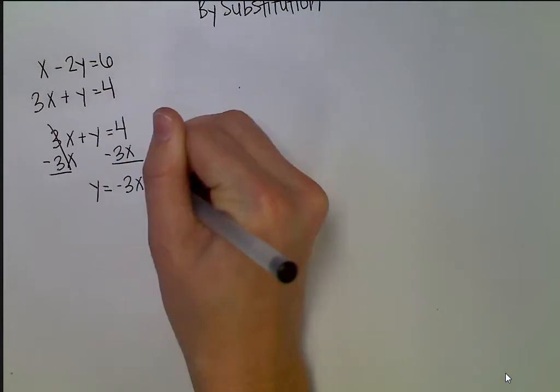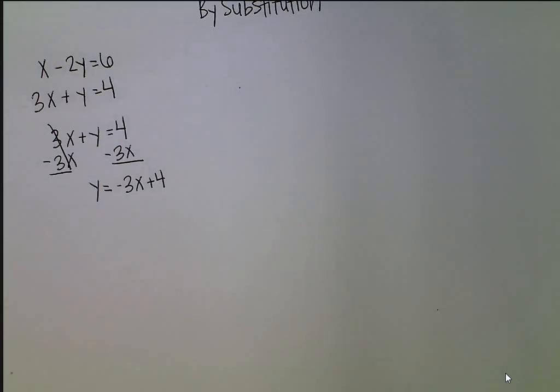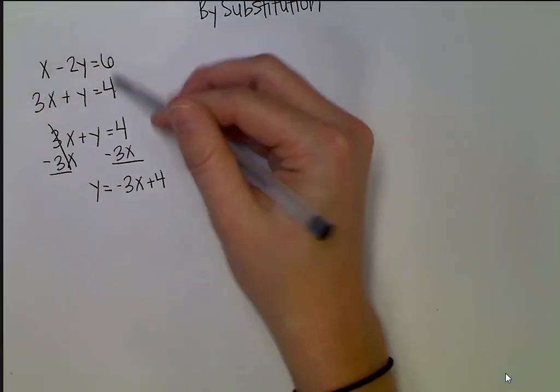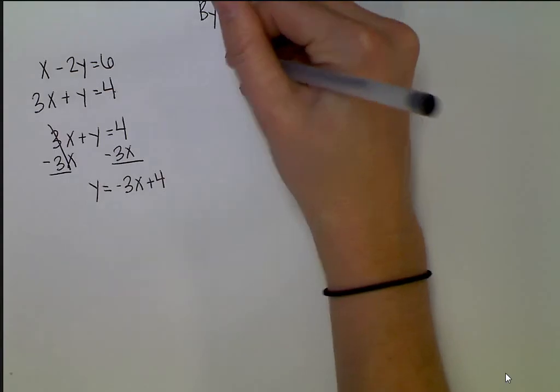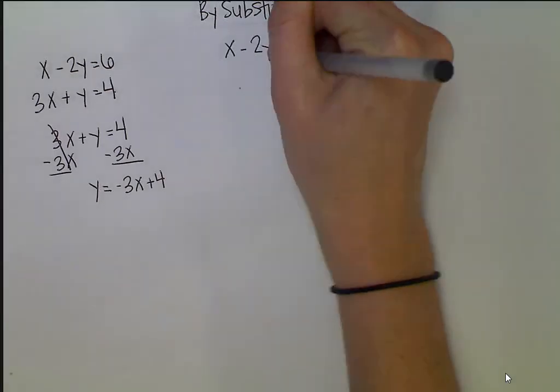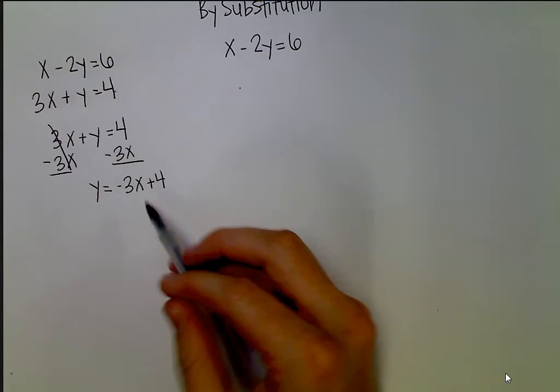Since I've solved for y, I'm going to use this value and plug it into the opposite equation. So instead of plugging into the second equation, I need to plug it into the first equation. X minus 2y equals 6. My value for y is negative 3x plus 4, so let's plug that in.